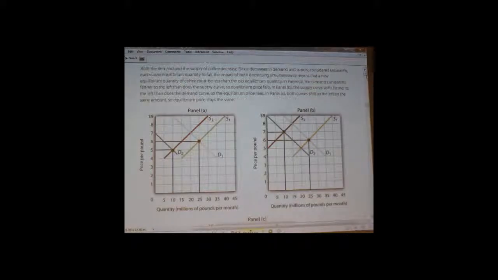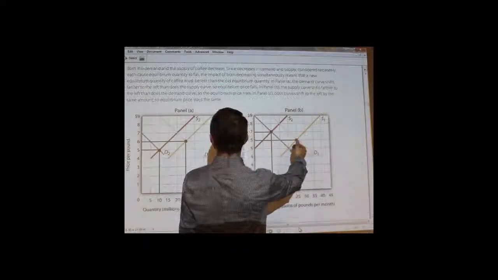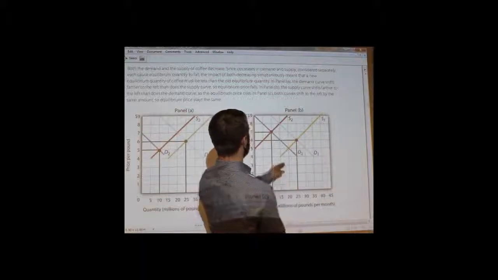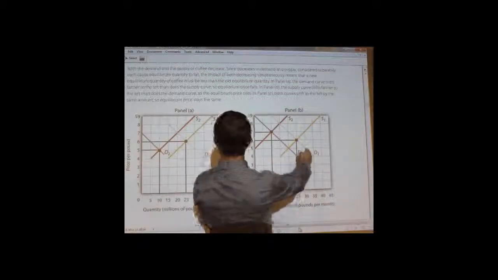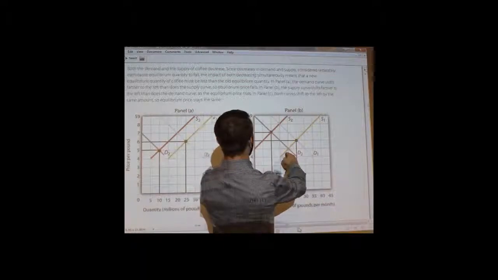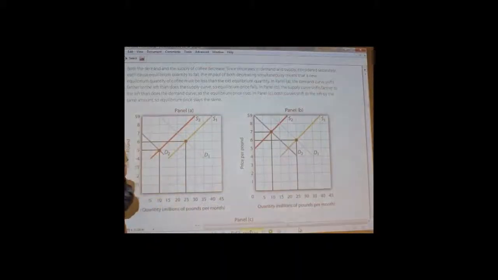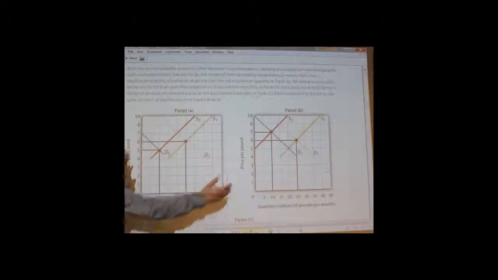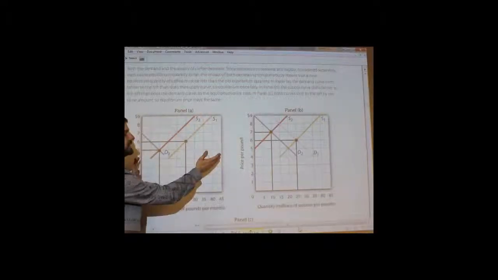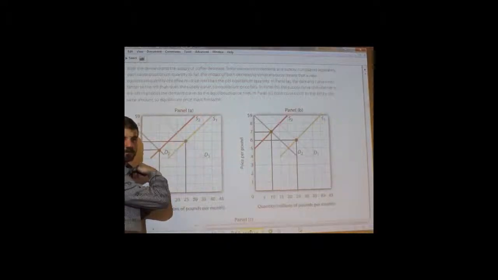In panel B, again, we have demand falling and supply falling. So the issue here is both of these show the same thing, a decrease in both demand and supply.